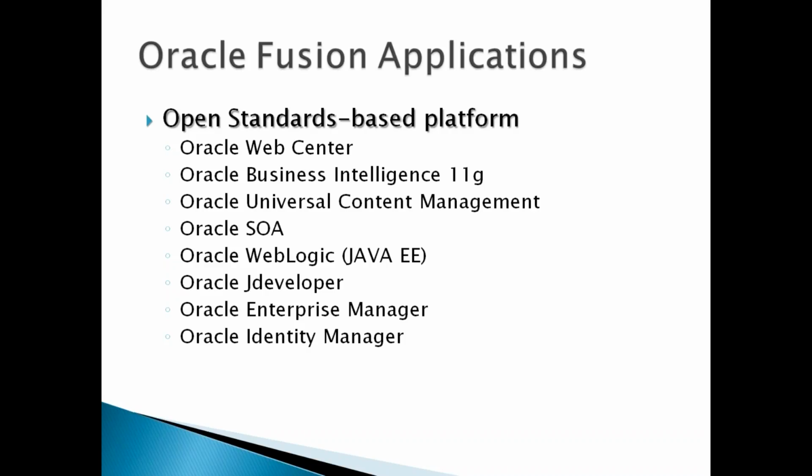So Business Intelligence is where you can derive reports in various dimensions and make use of reporting in real time. Universal Content Management is your content storage, where all your documentation, version-controlled documents, and repositories can be stored in one place, with version control, and integrated with your existing Fusion suite.